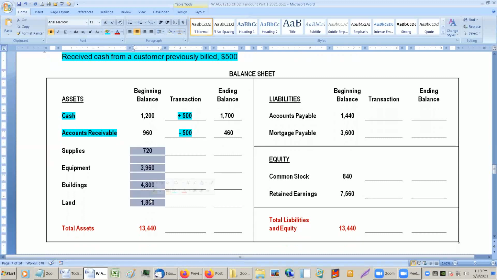And the rest is going to be the same. Now, you'll notice if you have plus 500, minus 500, the change here is 0.